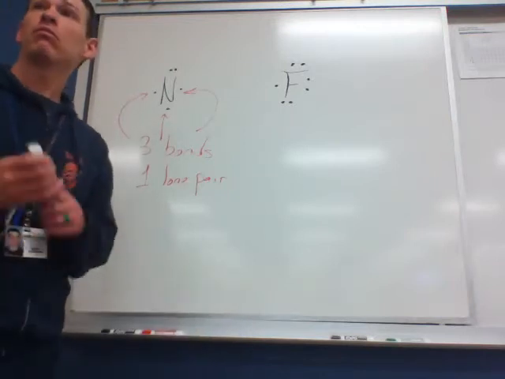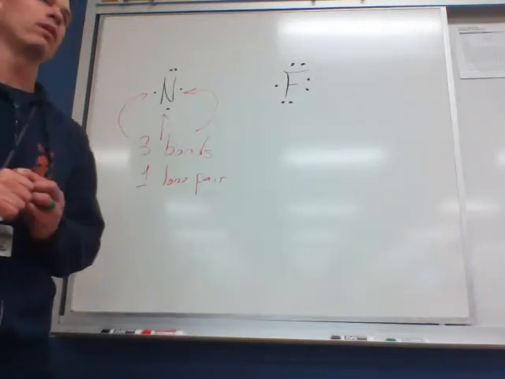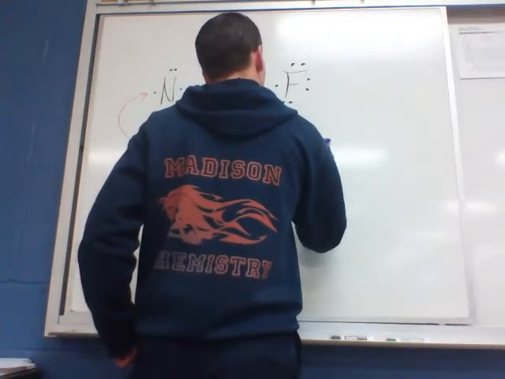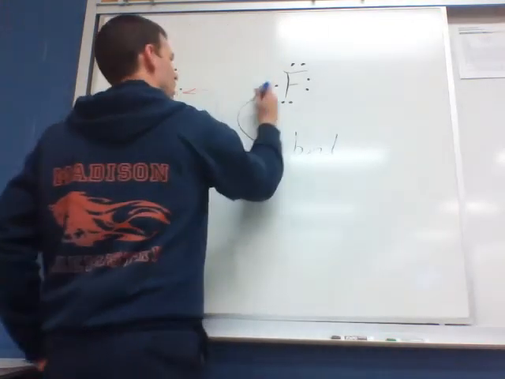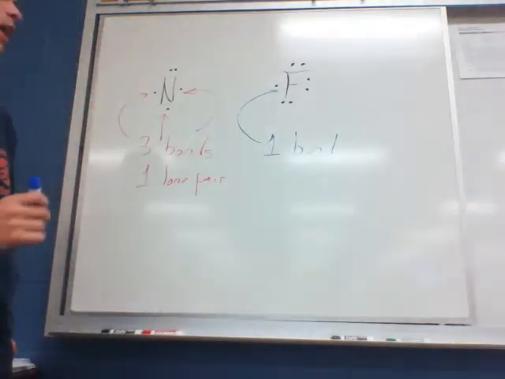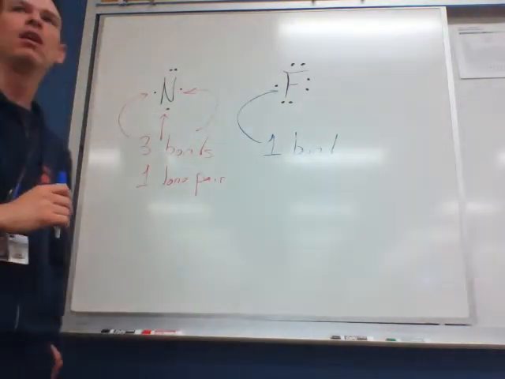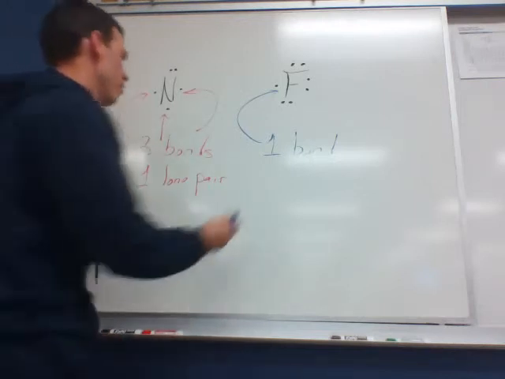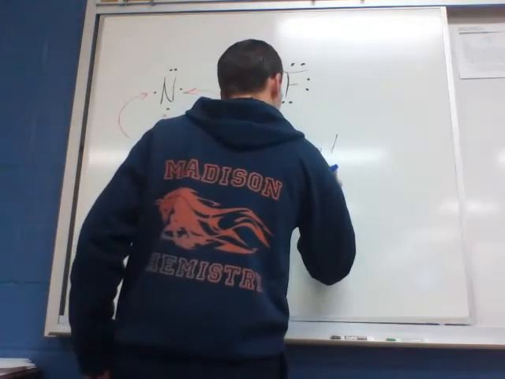Following the same logic, how many bonds does fluorine want to make? 1. Yeah, 1. He would like to do 1 bond. Right there is where something else would come and bond to him. And we would say he's got 3 lone pairs.